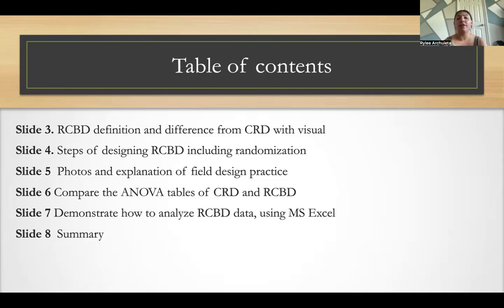And then for slide 5, we have the photos and explanation of field design practice with photos from the experiment that we did in class. Slide 6, we're going to compare the ANOVA tables to CRD and RCBD, and then demonstrate how to analyze RCBD data using MS Excel. And then for our final slide, I'll be doing a vocal summary.